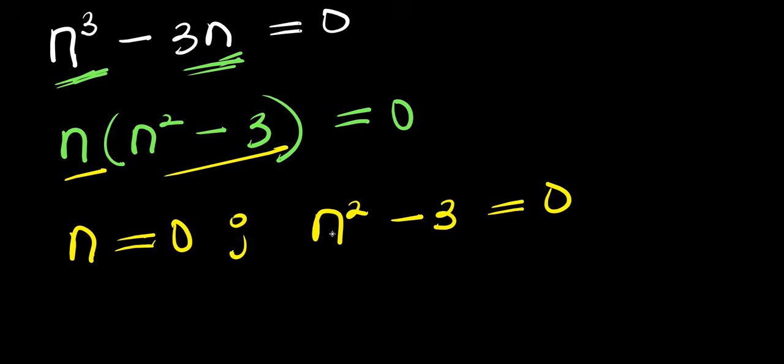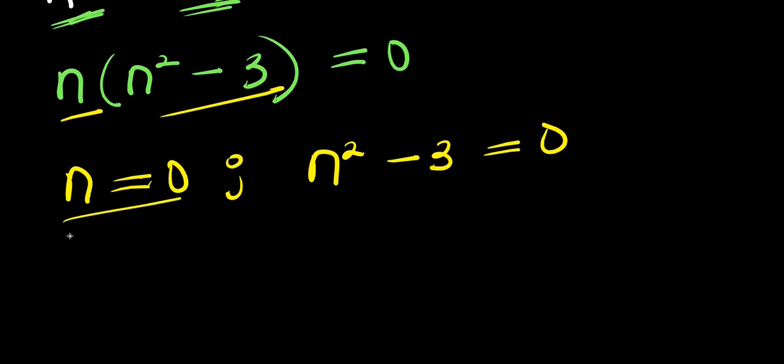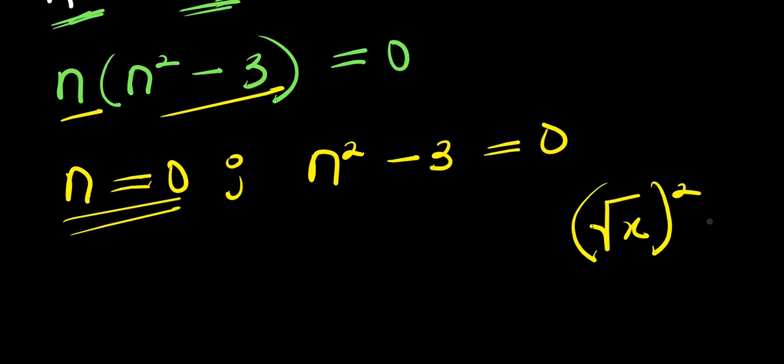Now, this is solved already. This is one of the solutions. To solve this, we need to consider this identity. If I have square root of x raised to the power of 2, this is the same thing as writing x. Simply because the square root here is the same thing as having x power 1 over 2.